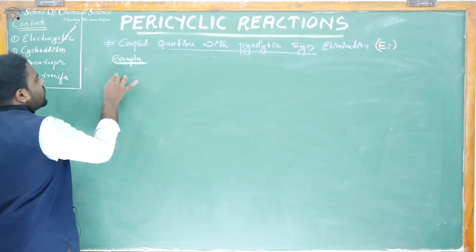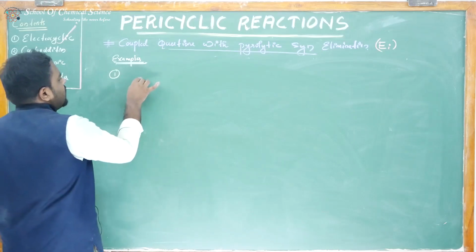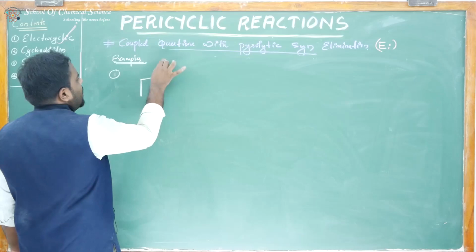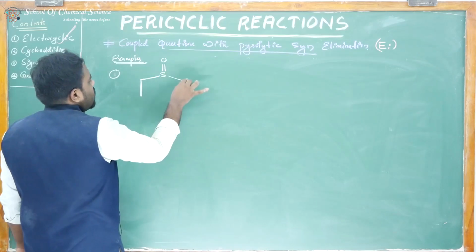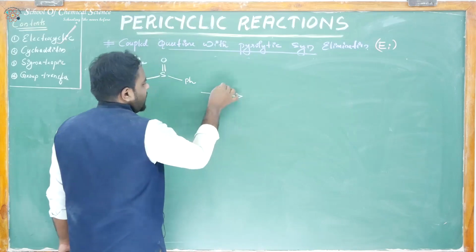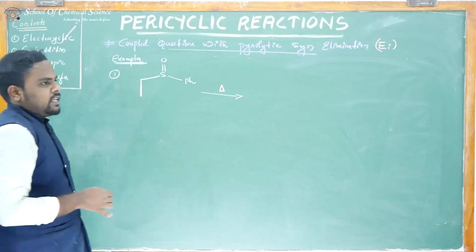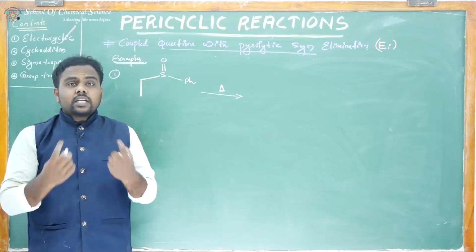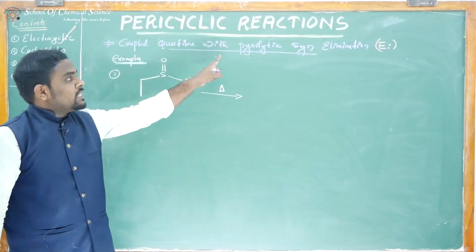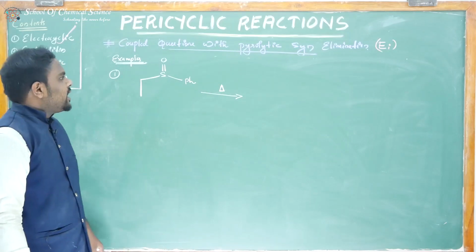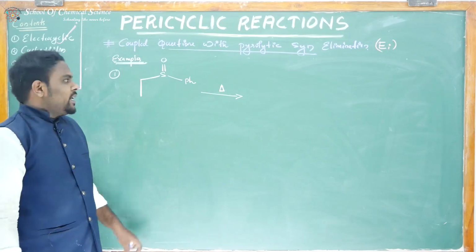For example, the first one, a sulfur oxide, S double bond O Ph, on heating. Under thermal condition, elimination takes place. That is why it is called pyrolytic syn elimination.